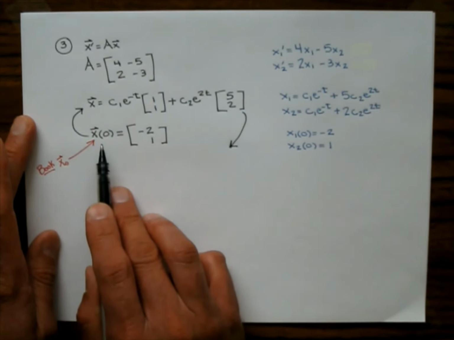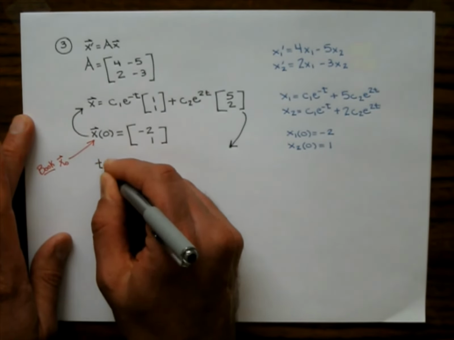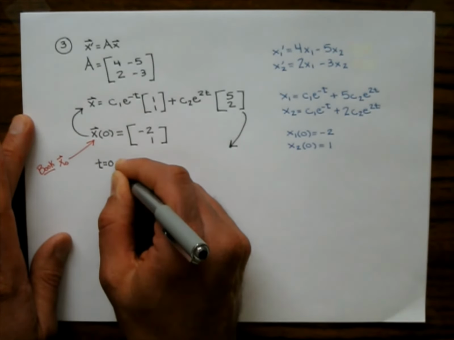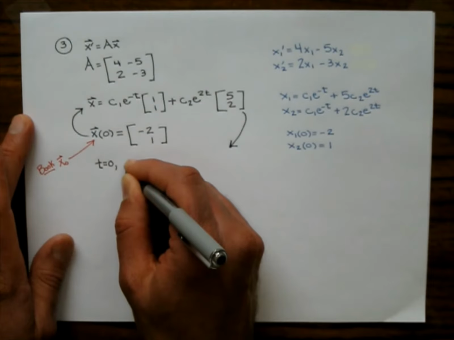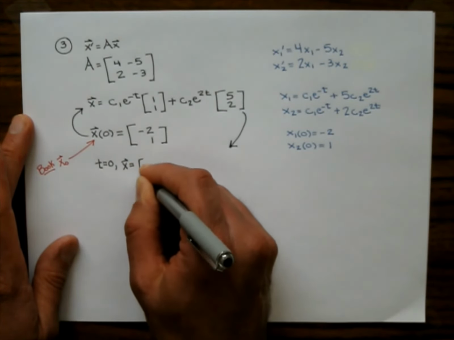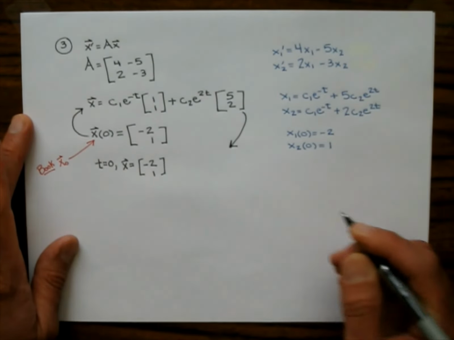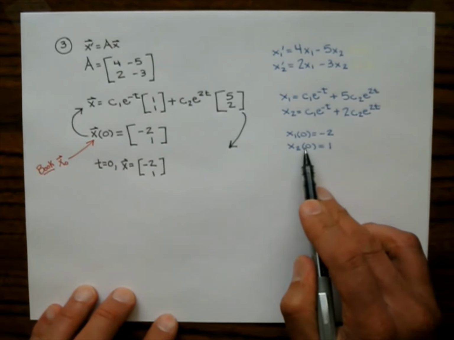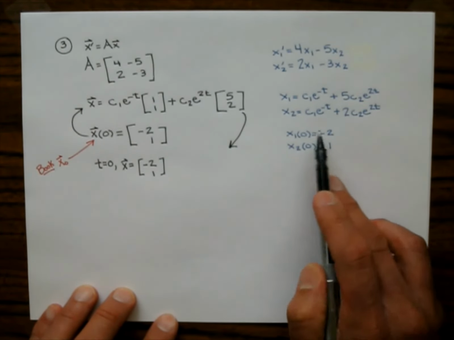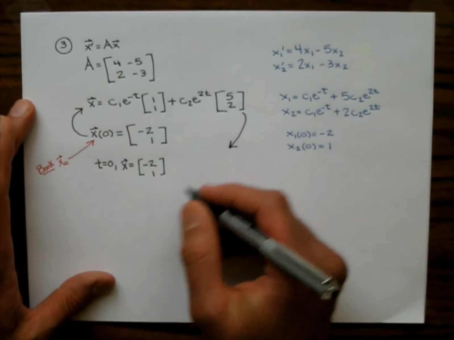And so really, what does this say? This says t is 0 and x bar is going to be -2, 1. Or over here, you would say t is 0 and x1 is going to equal -2 and x2 is going to equal +1. So I plug that into this solution.